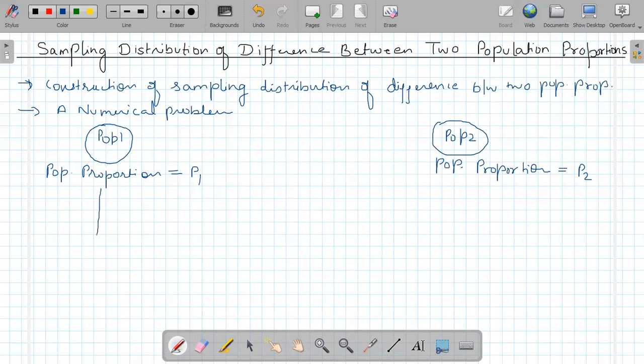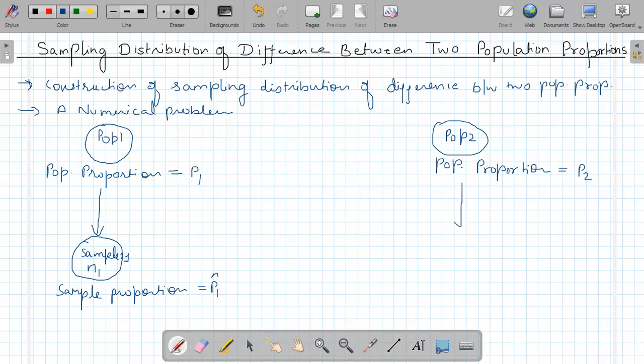We have drawn a sample from this population. Sample number 1 with size N1, and the proportion of that characteristic in the sample is denoted by P1 cap.